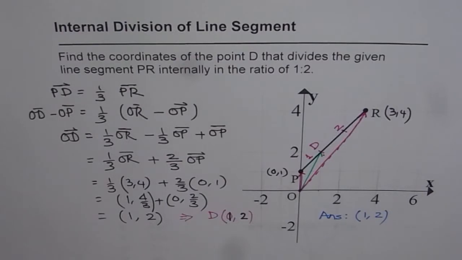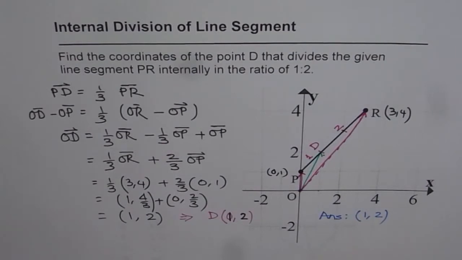So you could adopt this method in solving any problem. Given 2 points which will form a line segment, if you need a point D within this segment to divide it internally, we can easily find that point using this method, right?